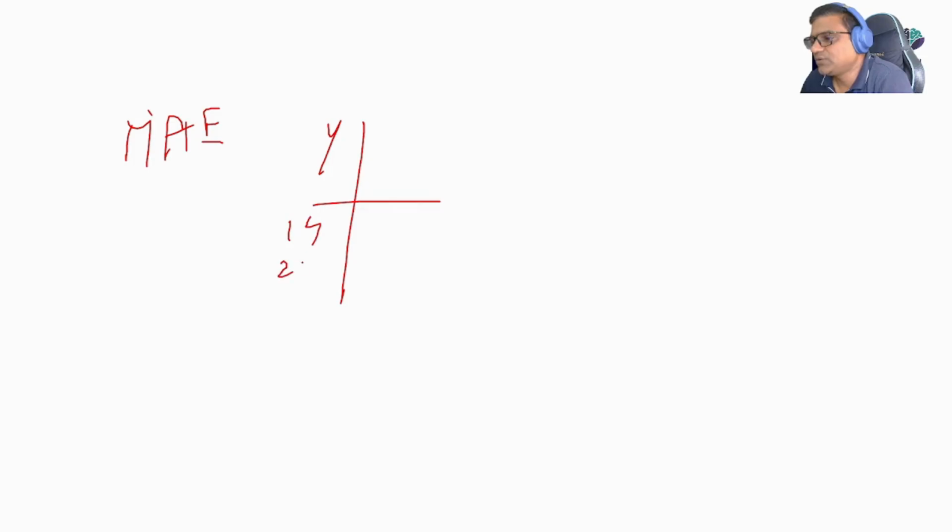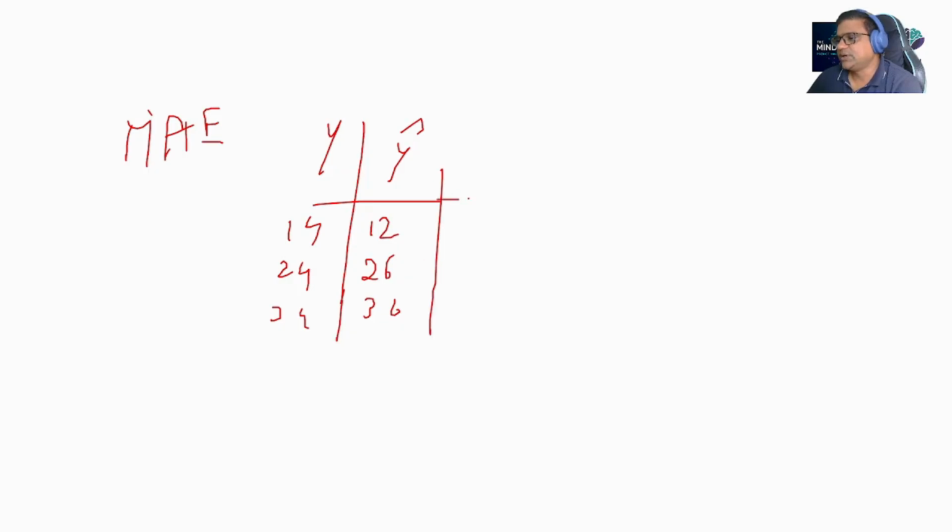Mean absolute error is nothing but, suppose you have your y as 14, 24, 34, and you have the predicted or forecasted values from your model, let's say 12, 26, 32. Mean absolute error is nothing but the error between these two, so basically y minus y hat. 14 minus 12 is 2, 24 minus 26 is minus 2, and this is minus 2.